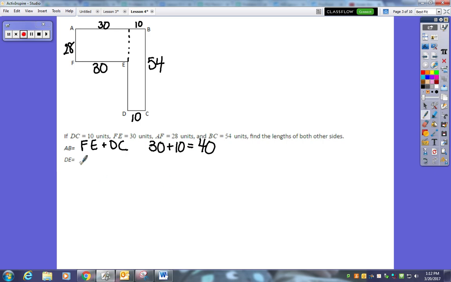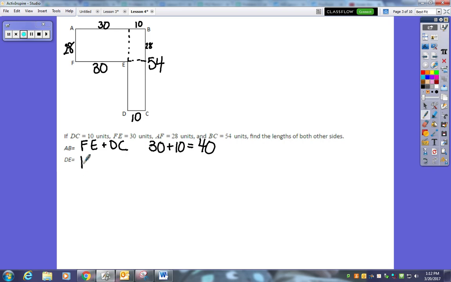For DE, to figure out that length, I have 54 here, but if I were to cut this top rectangle made up here, this would be 28 between here. So if I take the full length of BC and subtract out the 28, that will give me what's left here, which would also be the same for DE.